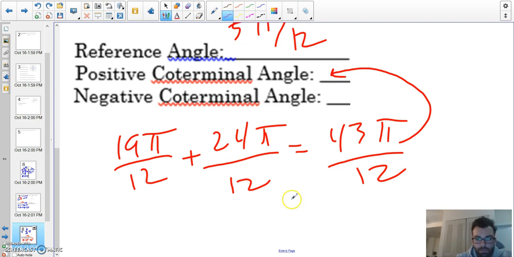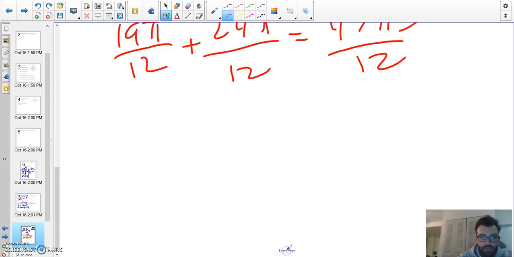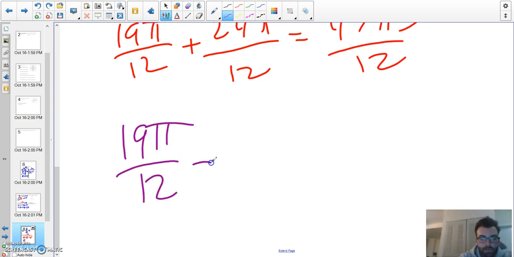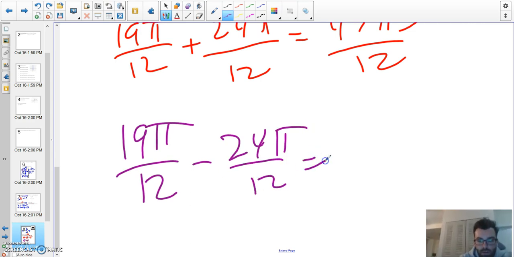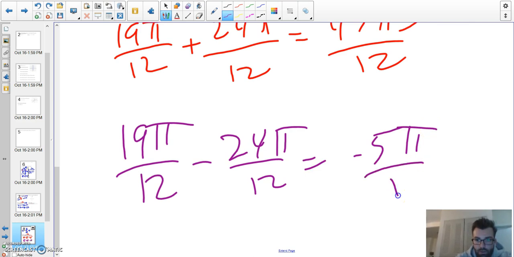Negative coterminal, I'm going to use purple here. I'm going to do 19 pi over 12 minus 2 pi, which is 24 pi over 12, which will give me negative 5 pi over 12.